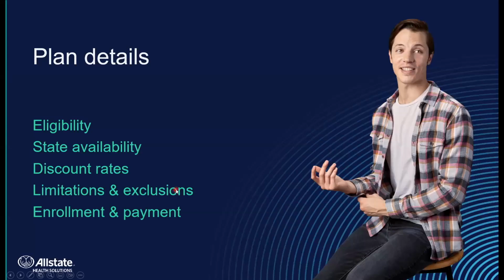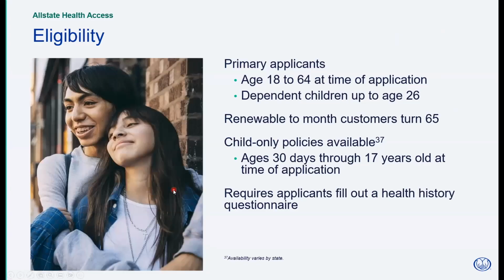Let's talk about the eligibility, state availability, discount rates, limitations and exclusions, and enrollment and payments. Okay, so when it comes to eligibility, primary applicants need to be between the ages of 18 and 64 at application. This plan is renewable up until the customer turns 65.